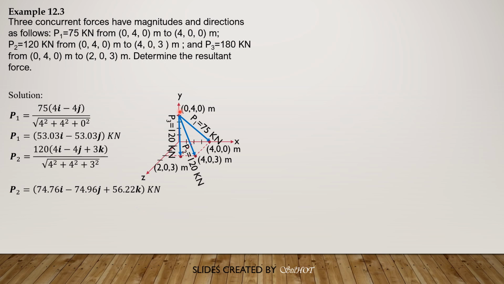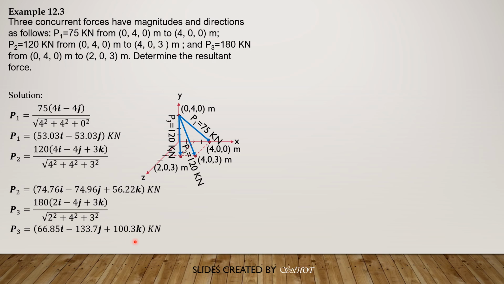And finally, P3 is 180 times the quantity 2i, negative 4j, 3k over the square root of 2 squared plus 4 squared plus 3 squared. So P3 in vector form is 66.85i minus 133.7j plus 100.3k.